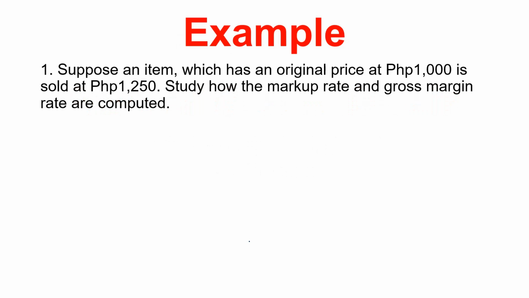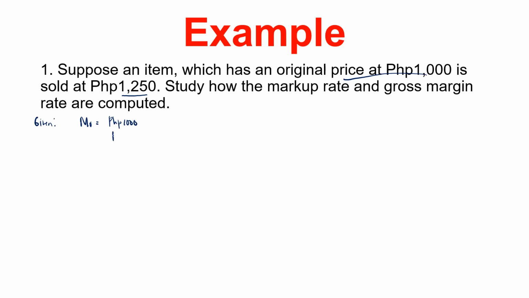Okay? So let's have problem number 1. Suppose an item which has an original price at 1,000 is sold at 1,250. Study how markup rate and gross margin rate are computed. Okay, so list down our given. So our 1,000 in the problem is the cost price.